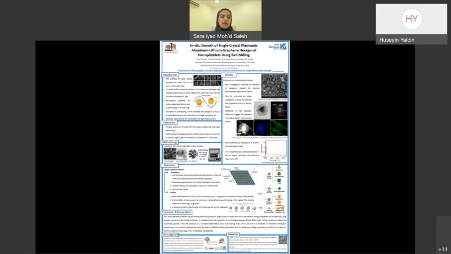The secret to growing single crystal nanoparticles using what is otherwise known as a top-down severe plastic deformation technique, such as ball milling, lies in the careful design of the system constituents. That is, to add specific elements, each of which will play a certain role in growing those single crystals. And so in addition to aluminum, we added certain amounts of lithium and graphene nanoplates, and mixed them all together in a simple one-step ball milling synthesis procedure.